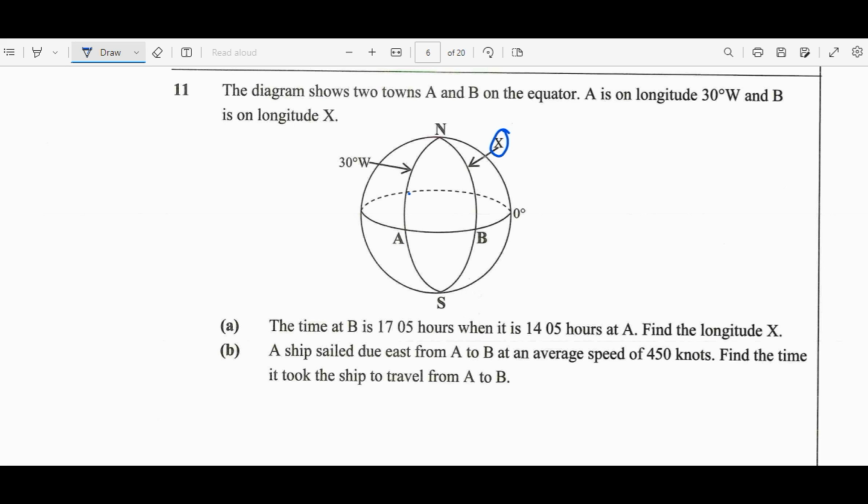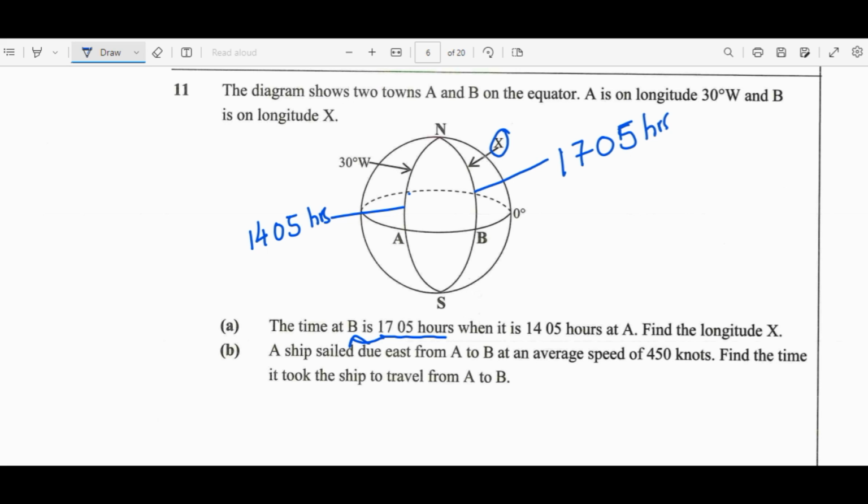Now the information that we have is 17:05 hours is the time at B. So this is the time at longitude B. Then 14:05 is the time for longitude A. Now, how can we find the longitude X?